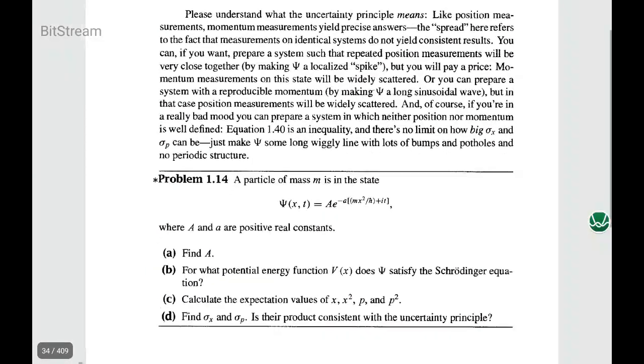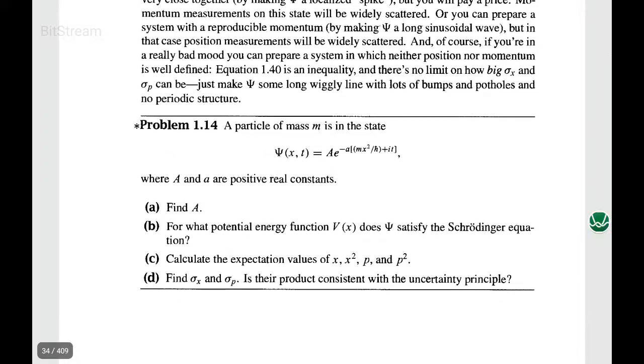in the last problem of chapter 1, which is problem 1.14, where we know that sigma is the square root of the expectation value. I probably got these mixed up, but we can actually calculate what our uncertainty is.